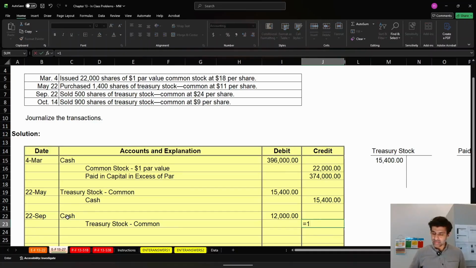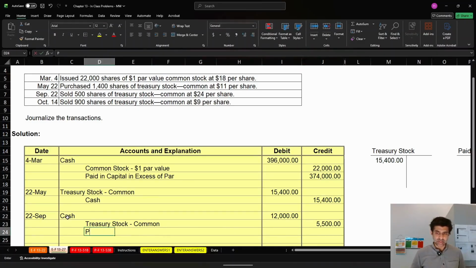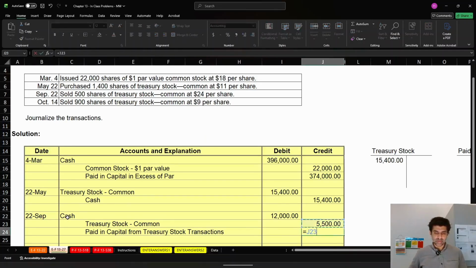So we bought these at 11 and we are selling them. There's 500 shares that we're selling. Okay, and then the remainder is going to go into this paid in capital from treasury stock transactions. So this is kind of like the profit that we earned from this trade.